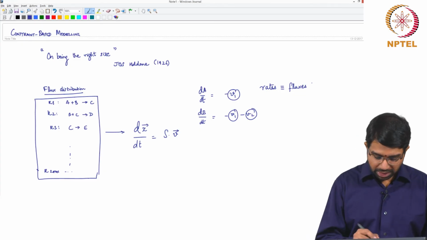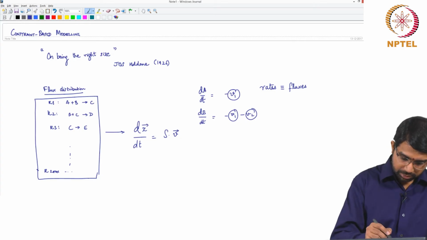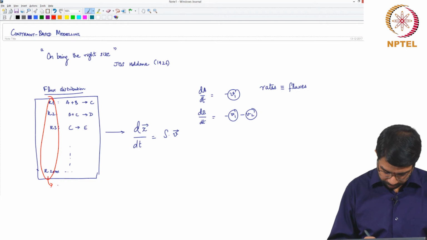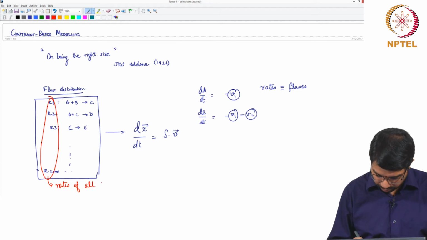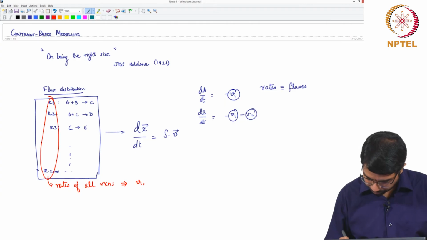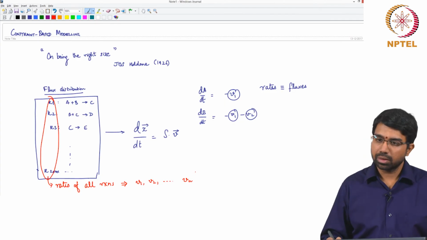So, given this system, we are tasked with finding rates of all reactions, meaning V1, V2, Vn.